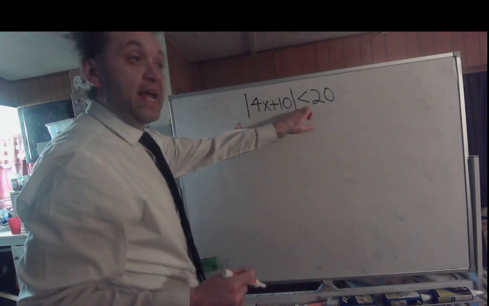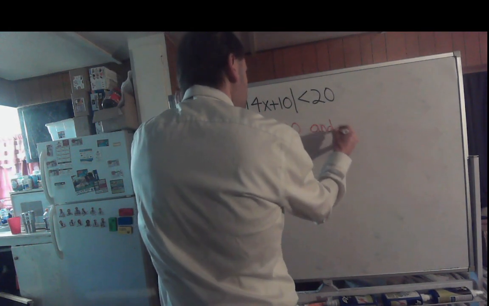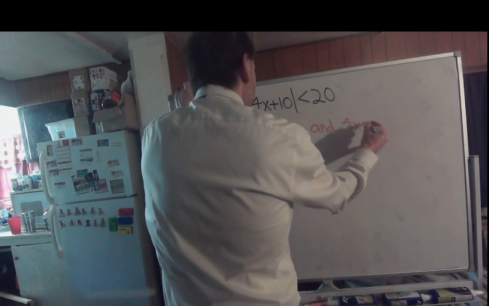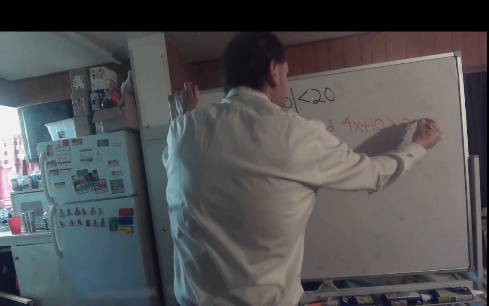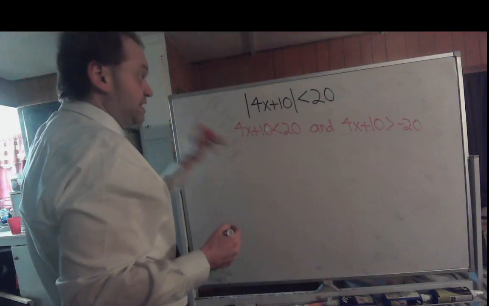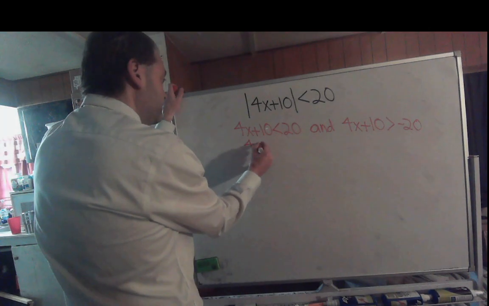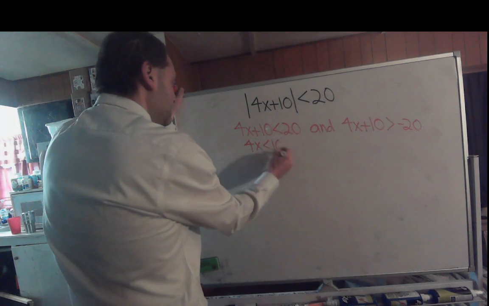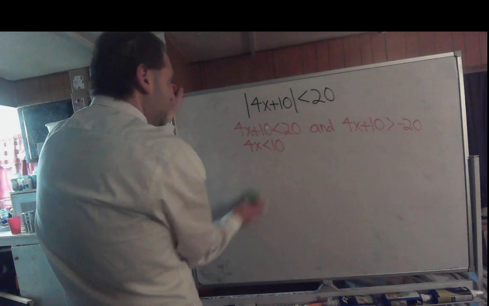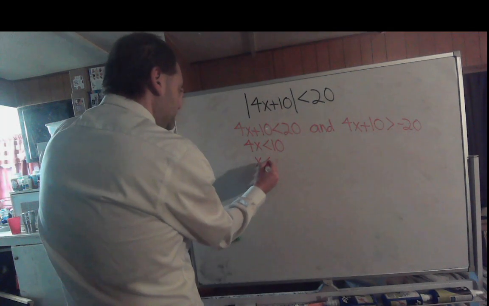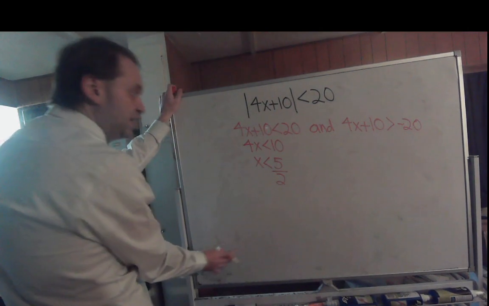So less than, then you would have and 4x plus 10 is greater than negative 20. So solve each of these inequalities. 4x plus 10 is less than 20 would give you that 4x is less than 10, which means x would be less than, certainly not equal to, x would be less than 5/2. So we have x is less than 5/2.